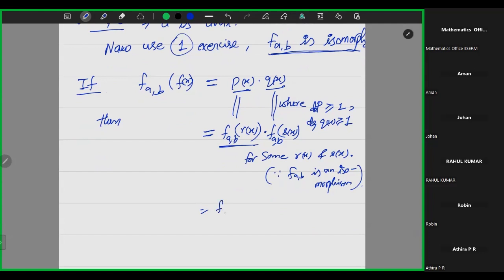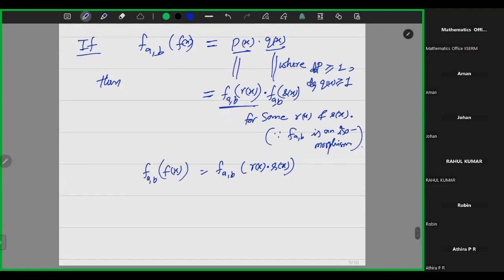What happens? f_ab, this is written r(x) times s(x), and on this side you have f_ab(f(x)). Now use that f_ab is one-one. You will get f(x) equals r(x) times s(x), since f_ab is an isomorphism, or in particular one-one.